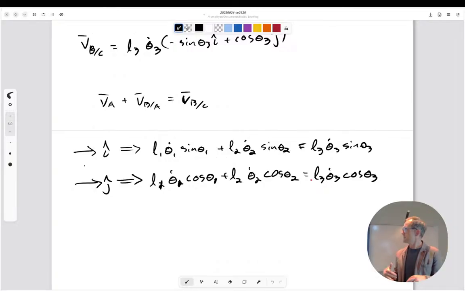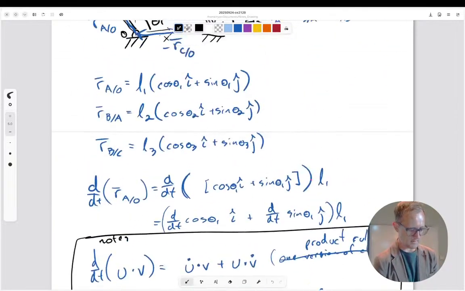So we have these equations. We have two equations with really two unknowns: we know theta 1 dot, and we don't know theta 2 dot and theta 3 dot. What about the actual angles, theta 1, theta 2, and theta 3? Do we know those? Again, I'm going to scroll up and then we'll come back down. I'm going to copy something.